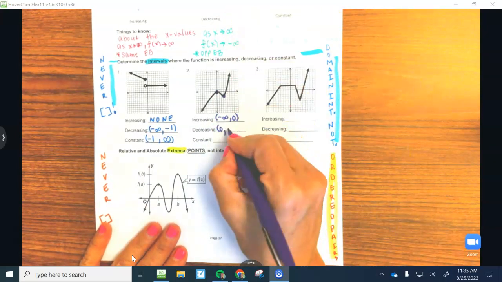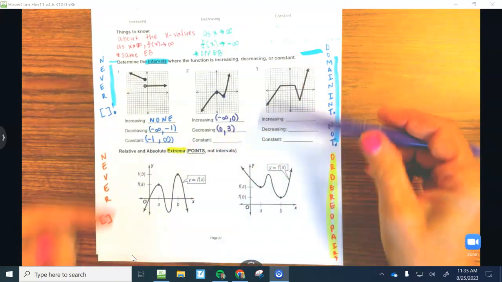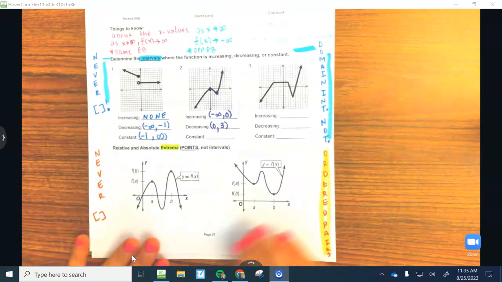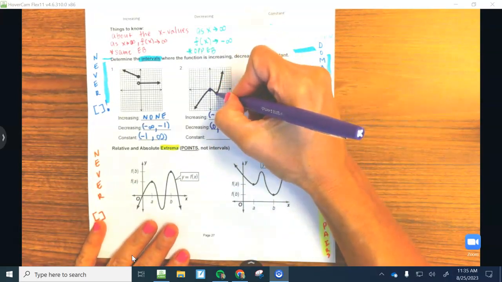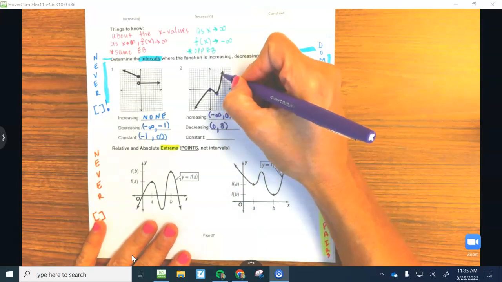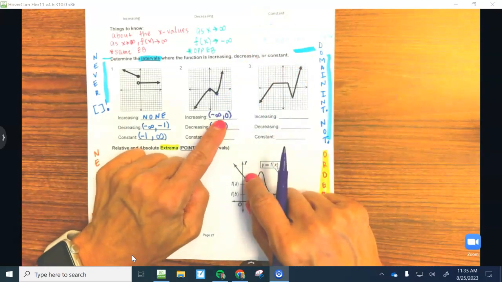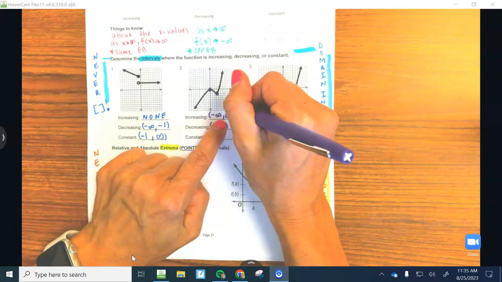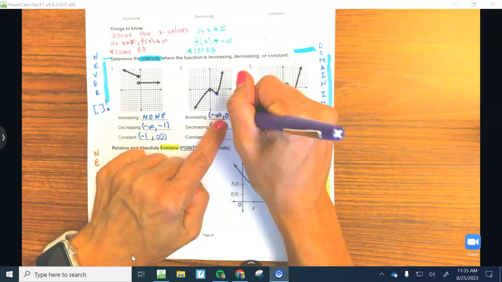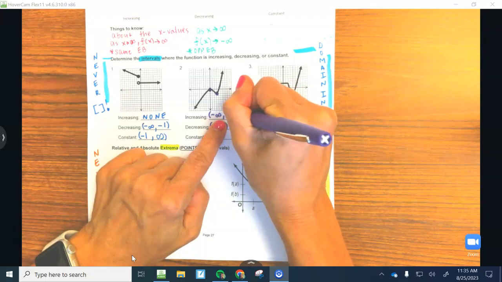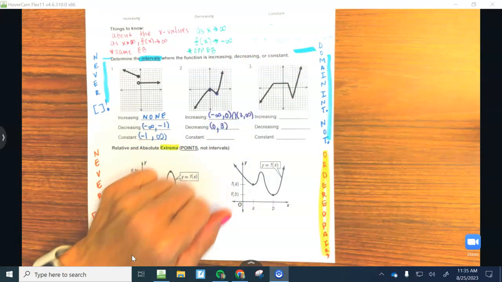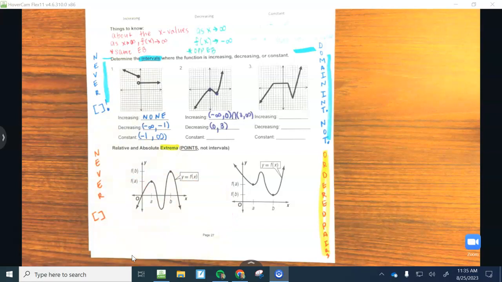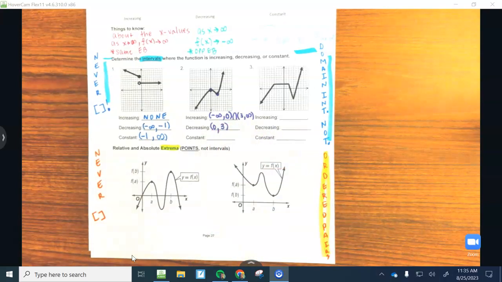It looks like that's at 3. Remember, these intervals are always based on x values. There's no constant, but don't forget this is another turning point where the graph goes up again. So it is increasing from 3 to infinity. Those are the two places where it's increasing, here and here.